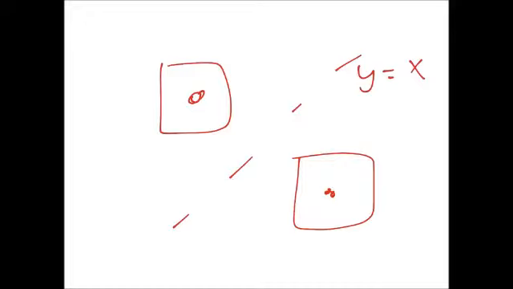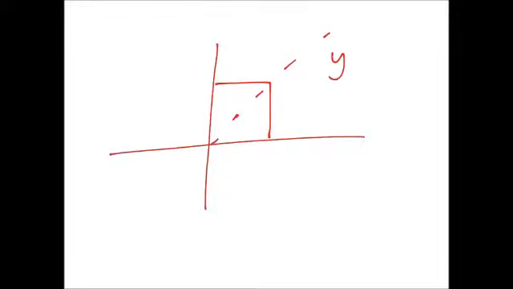But the problem is we have to be careful for when we have a box that's on the origin (0, 0), right? With the first method where it was just the box on the y equals x line. So in visualizing it, we would have this box, right, and it'd be bounded by the y and the x-axis, and of course you have the y equals x line.